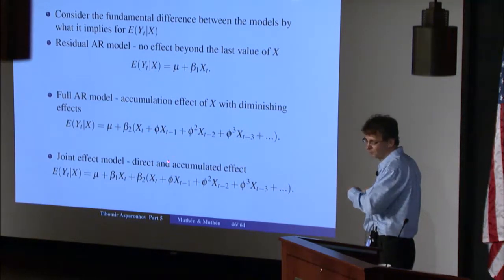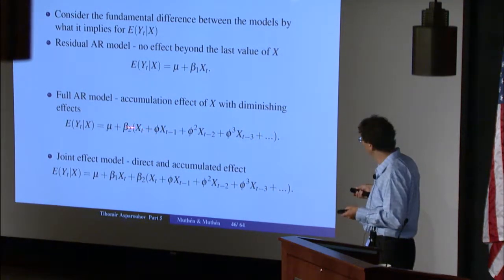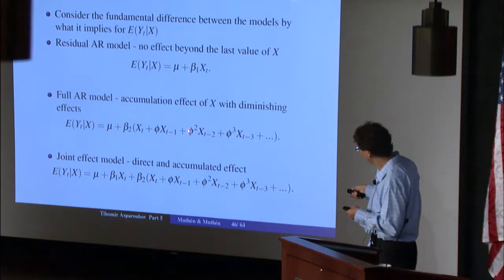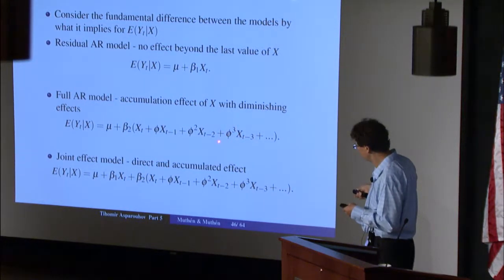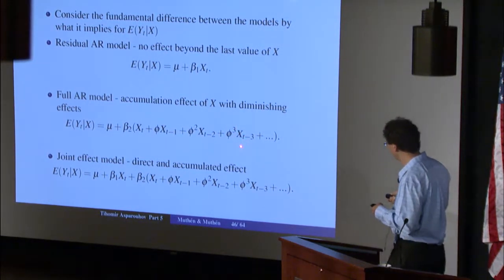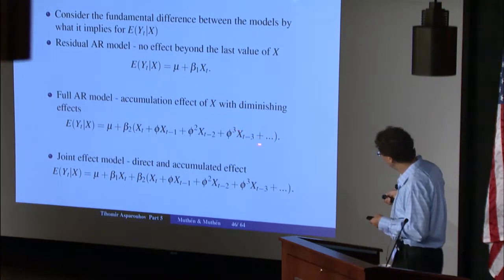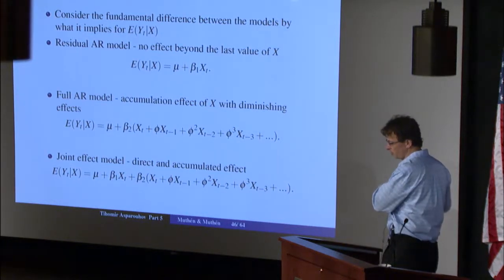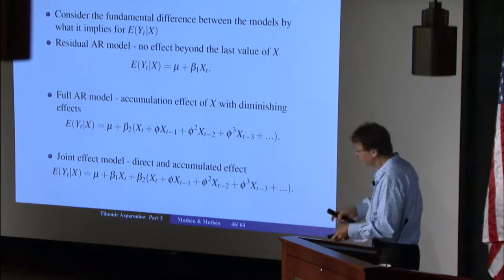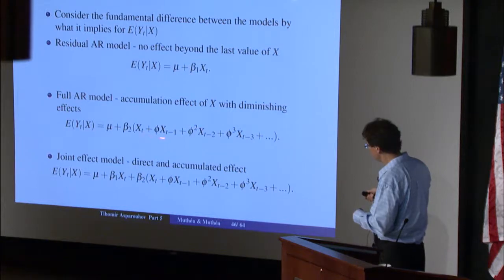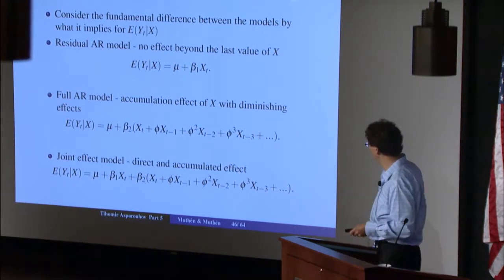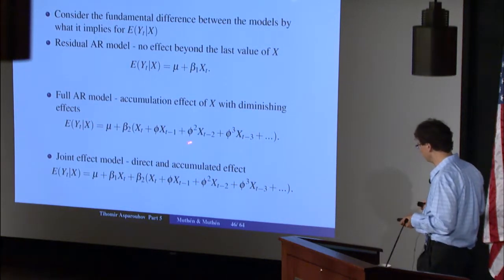Whatever happened in the previous period also affects the expected value of this period, and so on. Because the autoregressive parameter is smaller than 1, raised to this power it converges to 0, so the covariate values from previous periods have a diminishing effect on the current period. However, this is an accumulated effect.